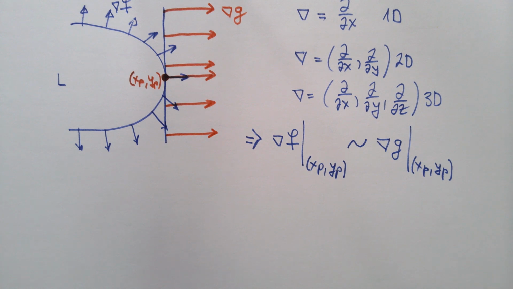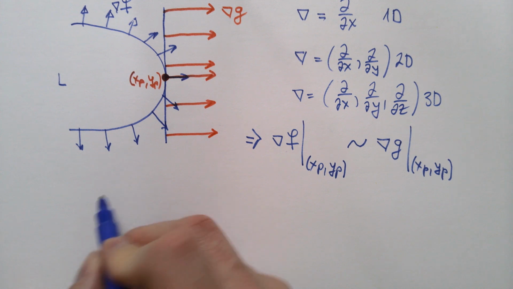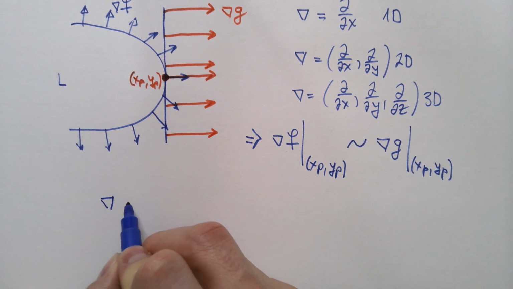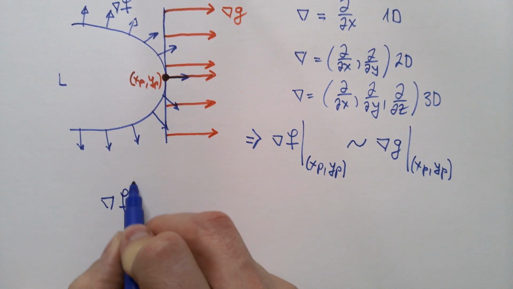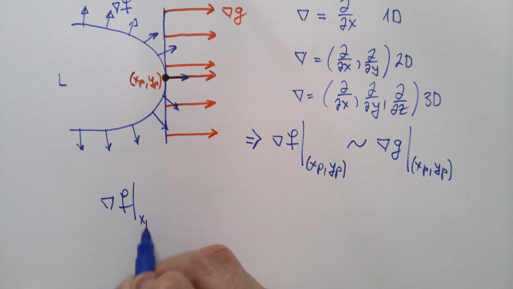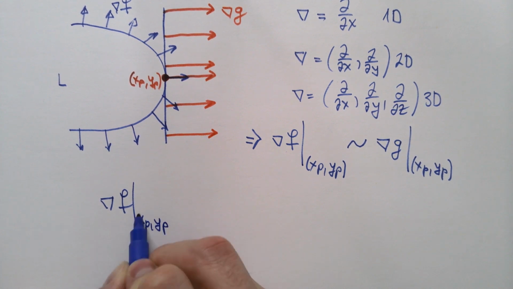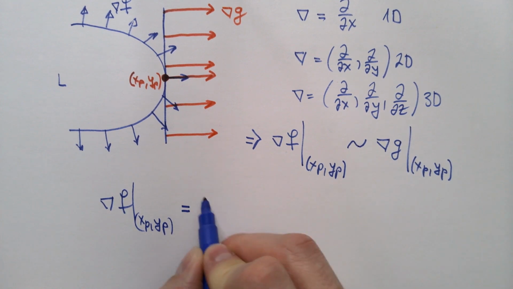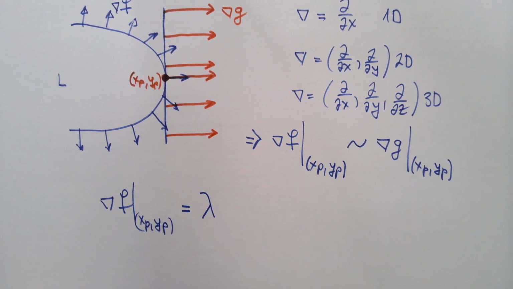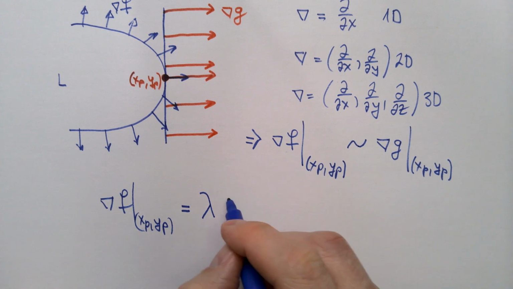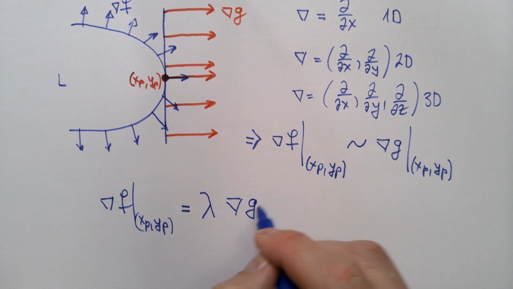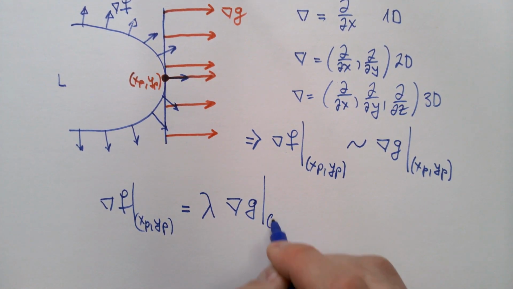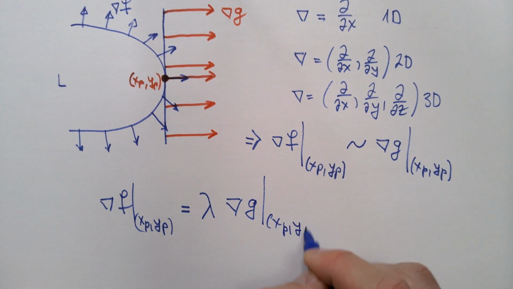We introduce a constant of proportionality. And that's what Lagrange did too. He said nabla f evaluated at the point xp, yp is equal, not proportional, equal to a constant of proportionality lambda times nabla g evaluated at this point xp, yp.